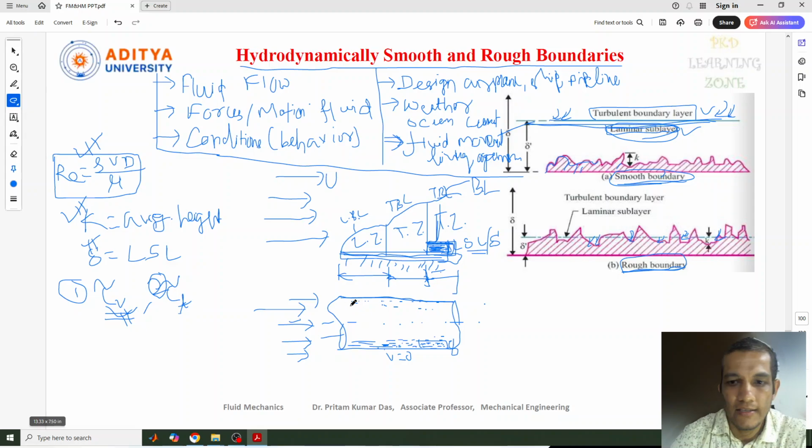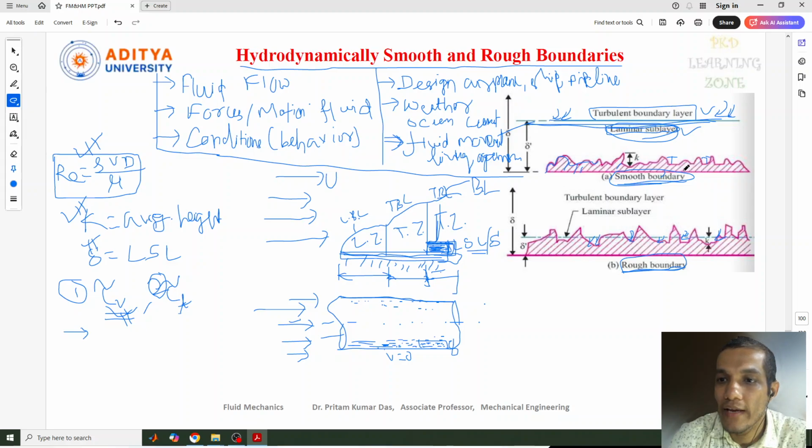When K is more than this, that boundary is called a rough boundary. Let's discuss this again. First condition: you can see this K point, the average height of the irregularities. Here this is the height of K, and here it is something different, so that's why I'm saying average height. Everywhere it is not the same; the K values are different at all these points.